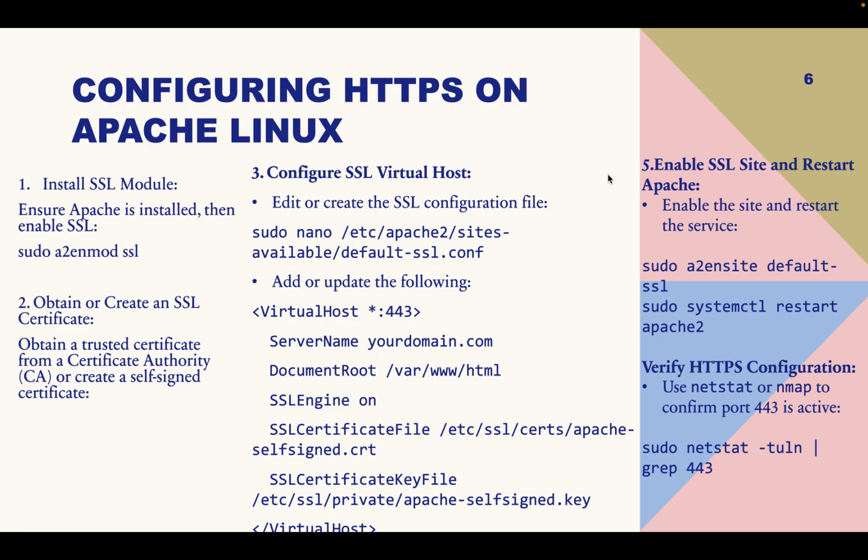After that, you're going to restart and type this command. Then you would verify using this command. It's also a netstat command to confirm it's on port 443 and active. So this is very similar to Windows, just some different steps.